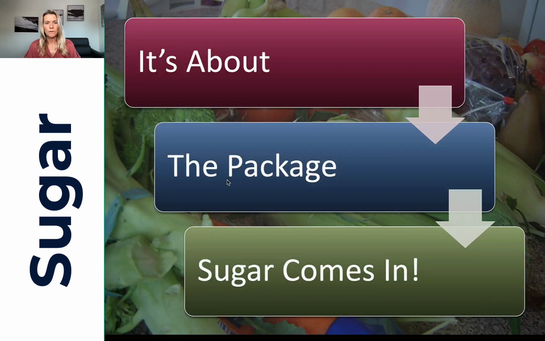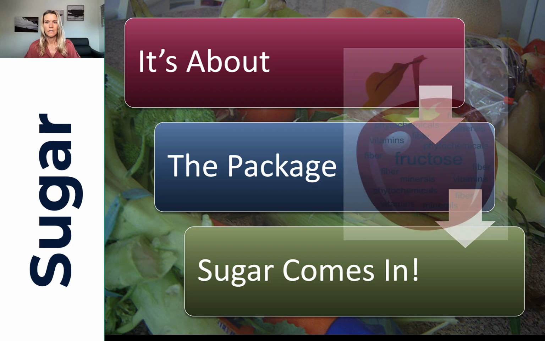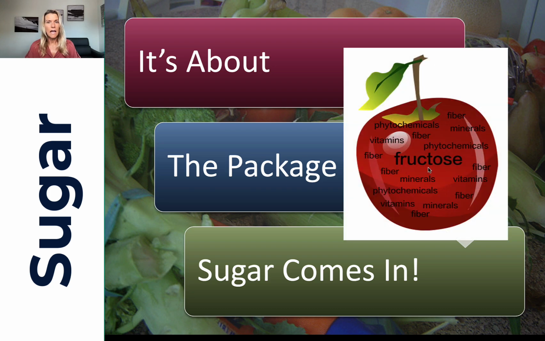Okay, so we already went through that, and this is kind of my emphasis here. It's all about the package the sugar comes in. If it's in an apple, it comes with phytochemicals, also called phytonutrients. These are plant chemicals that have beneficial effects on the body.